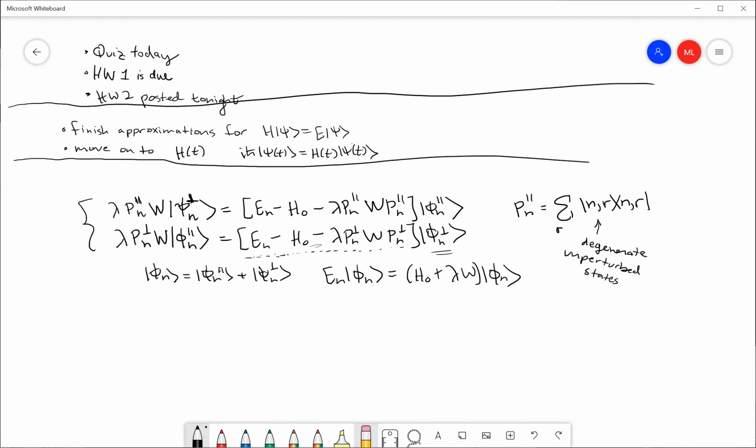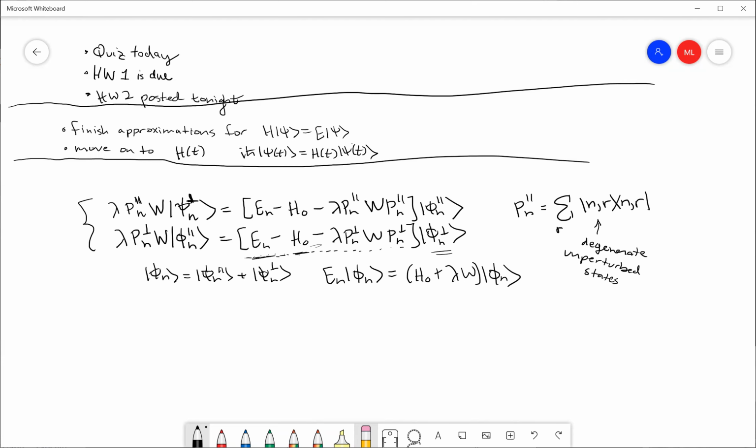We'd only worry about it blowing up if we set lambda equal to 0, say, then these would just be the unperturbed eigenvalue minus the unperturbed Hamiltonian. And the only time something bad can happen is if you're in the space where there's a degeneracy.